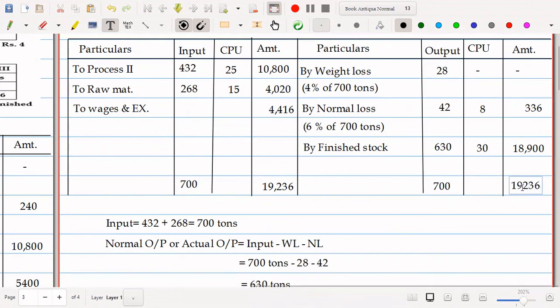So in both entries, the account is tallying here. So this is 700 and even this 19,236 is being matched here, and this also 700. So this is how you calculate the process account.